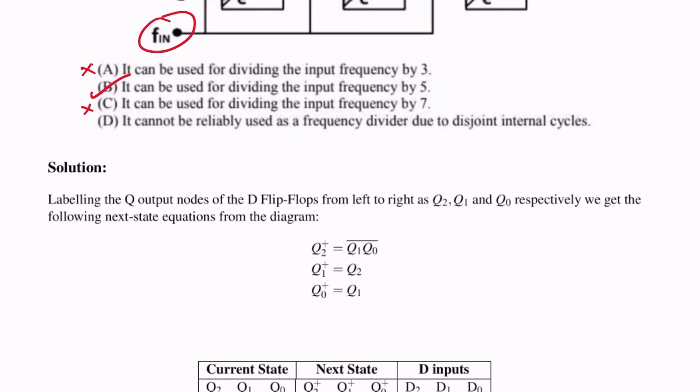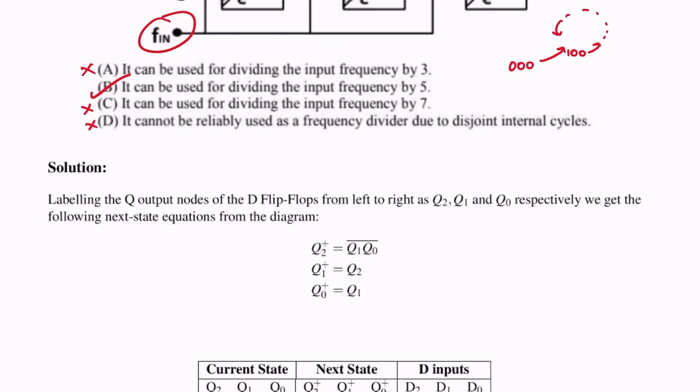And D is also false because it's not that the internal cycles are disjoint. That is, it's not the case that there are 2 separate cycles of states which are disjoint from each other. It's actually that there is only one cycle of states and the remaining 3 states will eventually join. If you start at 000, you'll land at 100, and that will go on as a periodic cycle, right?